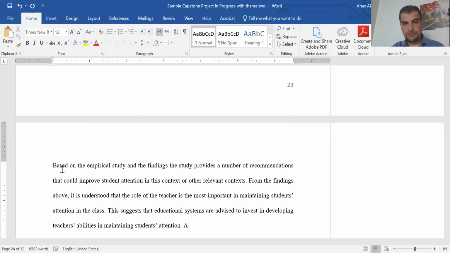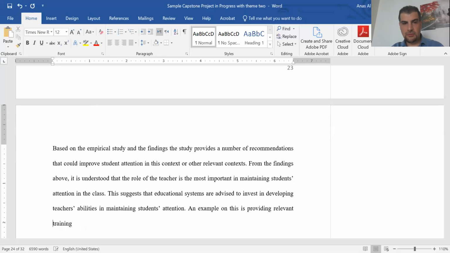An example of this is providing relevant training to teachers. The training could make use of the findings from this study.